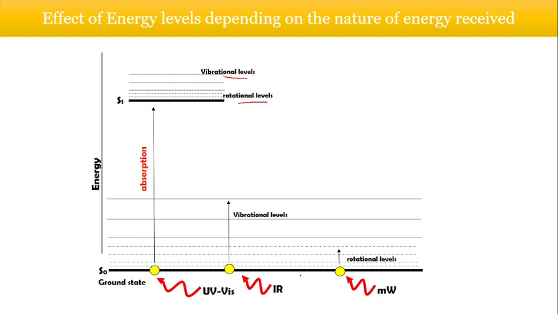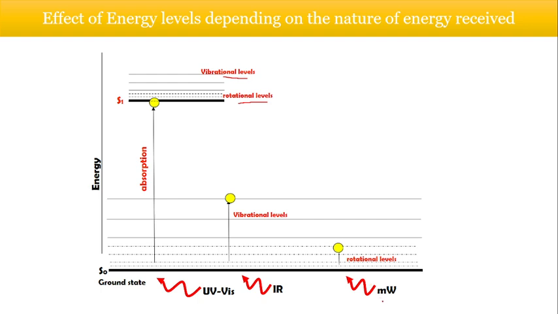So when we are providing UV visible absorption, then the electrons move from the S0 to the S1 level. Whereas on providing IR spectroscopy, we can only reach up to the vibrational levels of that particular state.